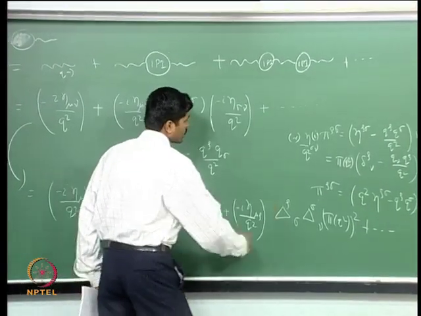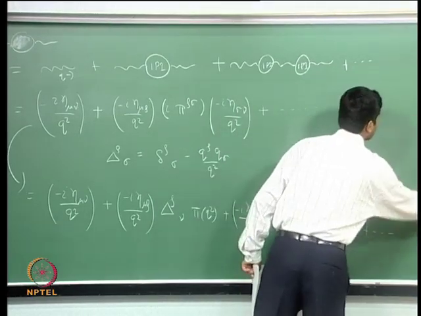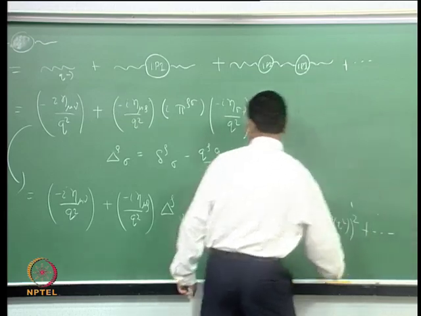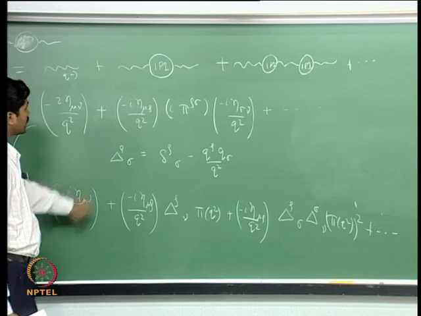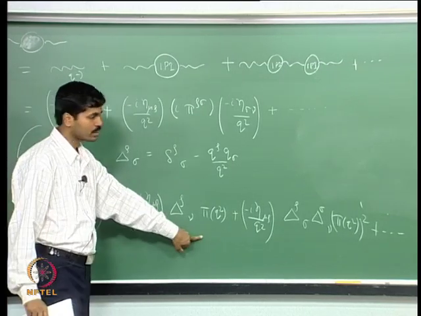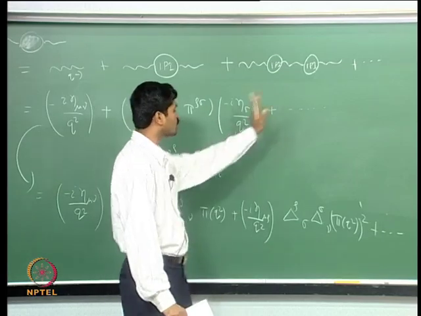So, this is what we are going to get. All right. So, the first term is given by this, the second one is this one, and then the third diagram will give a term like this, and then so on.